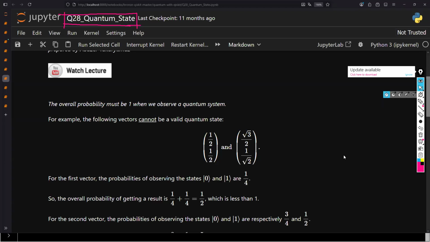Exactly as I said before, it all comes down to the same formula, which is alpha squared plus beta squared is equal to 1. If the state cannot be expressed with this equation, it is not a valid quantum state, and it cannot be obtained during a calculation or initialization step.